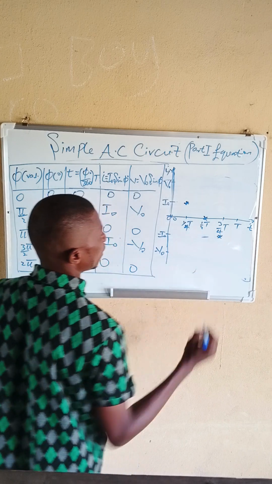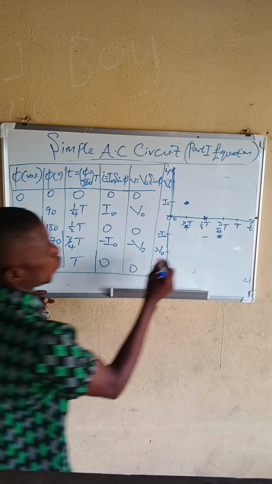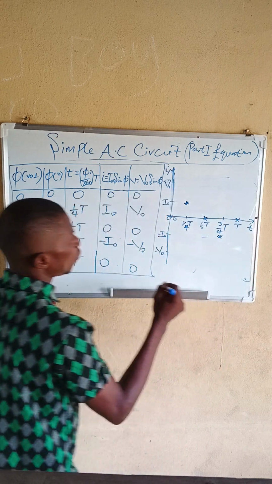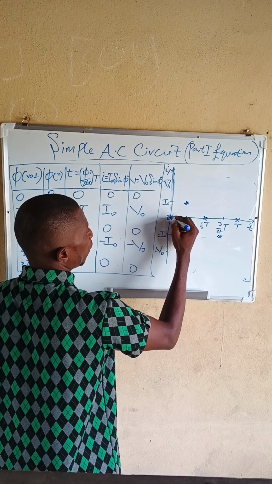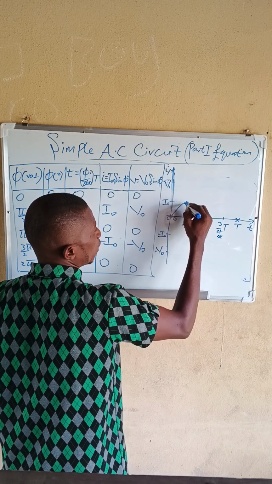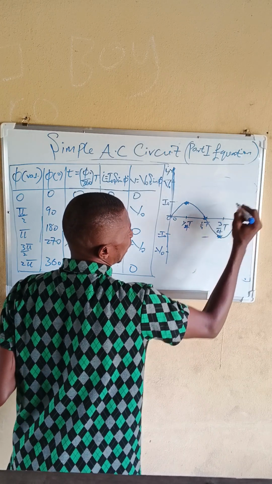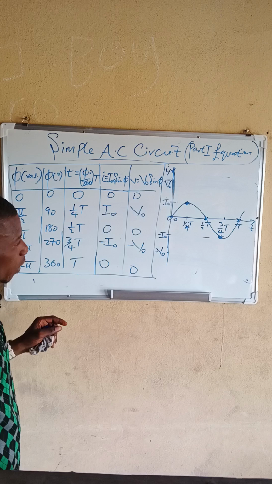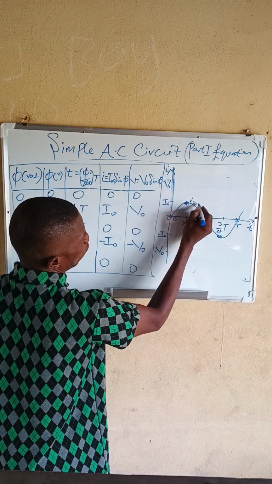You are going to arrive at this. So when this is 0, you have T, which is this place. So this is a sine waveform, which is going to be like this, and like this. So this one is for the current.